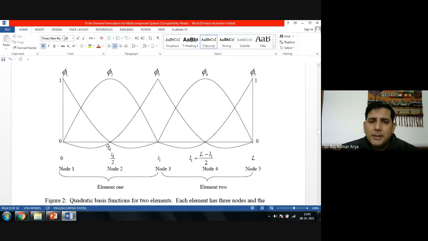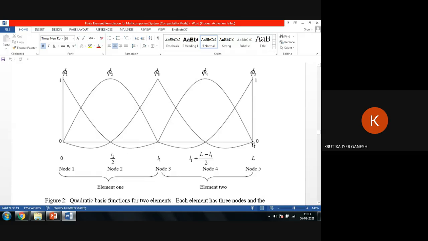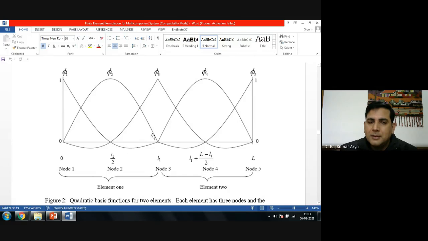However, in the rest of the cases, let's say phi 2 is not getting extended into element 2, because if we say this shape is here and it wants to extend here, it should go like that, but it's not happening, right? Same thing for phi 1. Phi 1 looks like this shape.